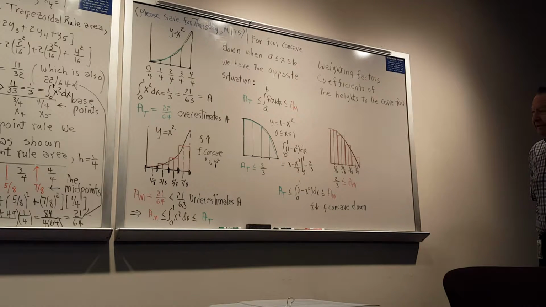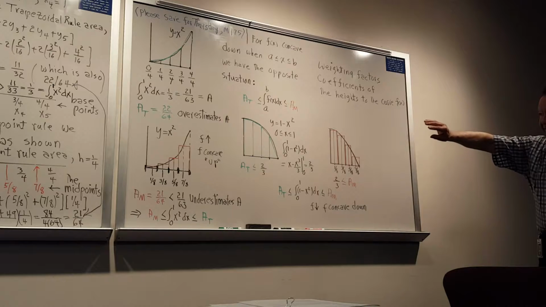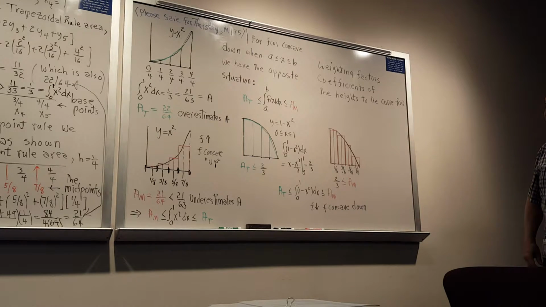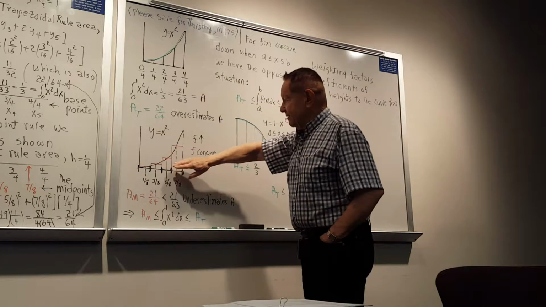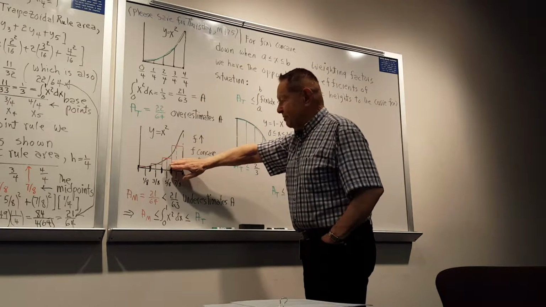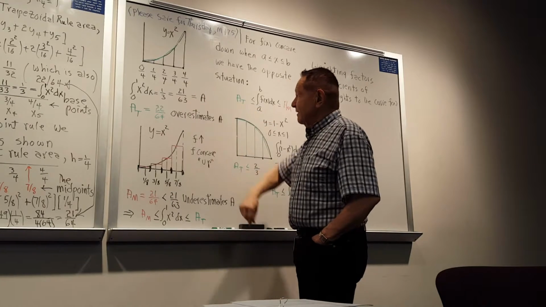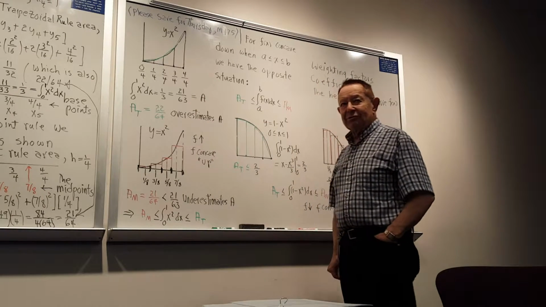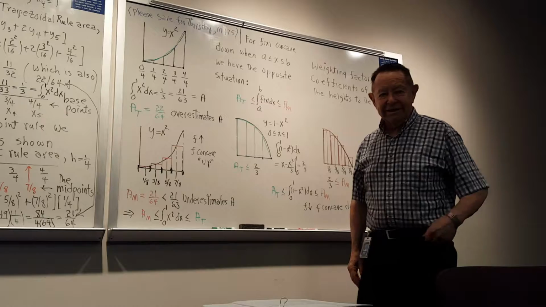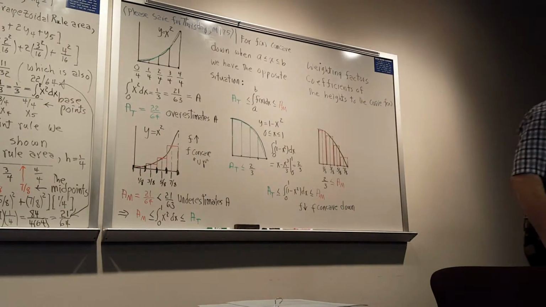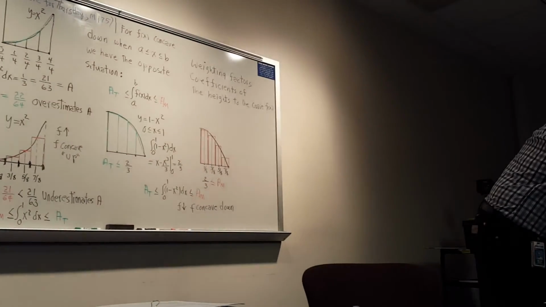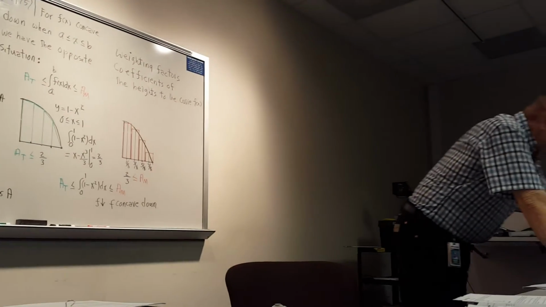But there is a tendency, certainly, when it's concave up and increasing, for the trapezoidal rule to overestimate and the midpoint rule to underestimate and the Simpson rule to be closer. You can certainly say those things as general statements. So let's look at the Maple a little bit.